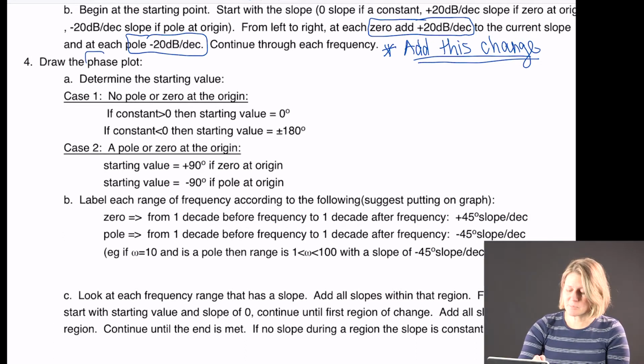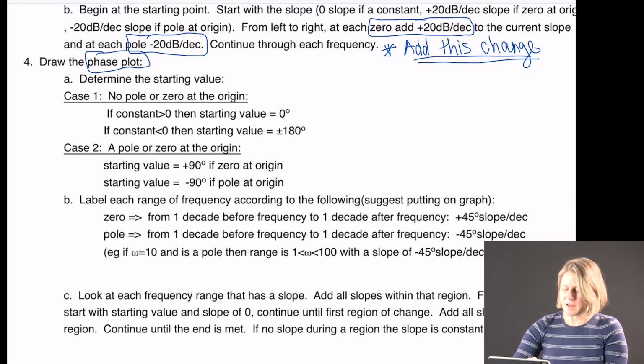So for the phase plot, again, you have the two cases: a case when you have a pole or zero at the origin and when you don't. If there's no pole or zero at the origin, and you don't have a negative, meaning that the constant is a positive value, then your starting phase is going to be 0.